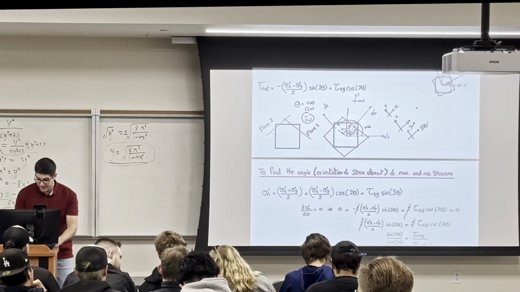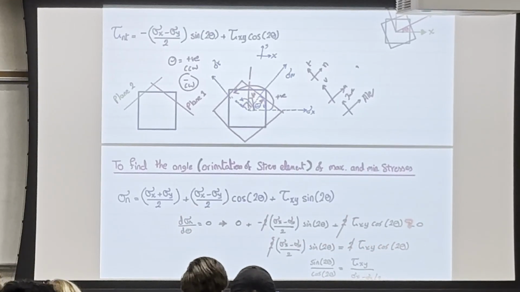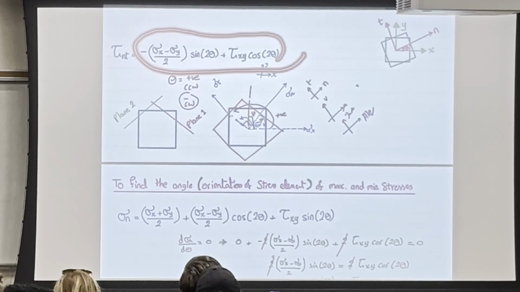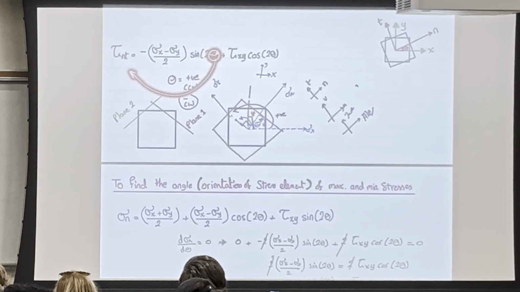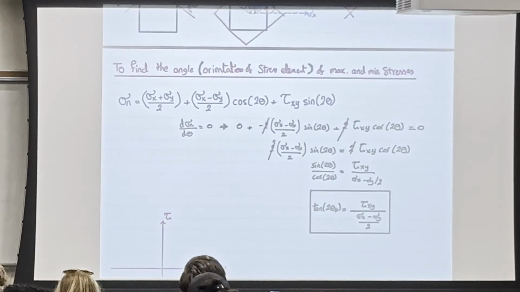The first purpose: I derived this equation and took the derivative equal to 0 to find the theta that will give me the maximum stresses. But what will happen if I took this equation for the tau and set the tau equal to 0? I'm finding the theta that will cause the shear to equal 0, which is what I indirectly did here.